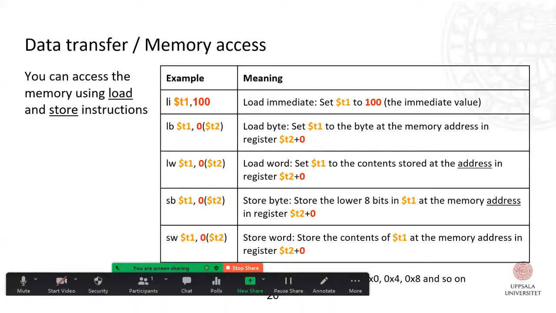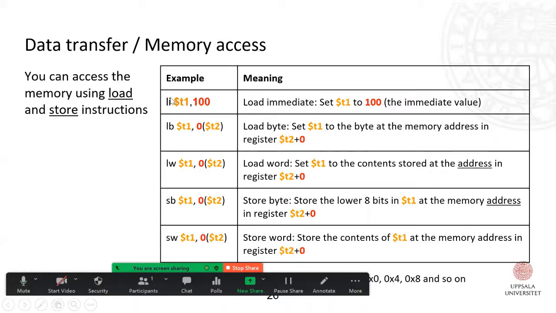So data transfer or memory access instructions are used to read something from memory, for example, in this case it is RAM, and store it in some register. Store instructions are somehow the opposite. You read something, for example, from a register or immediate, and store it in memory. So here there are some examples.